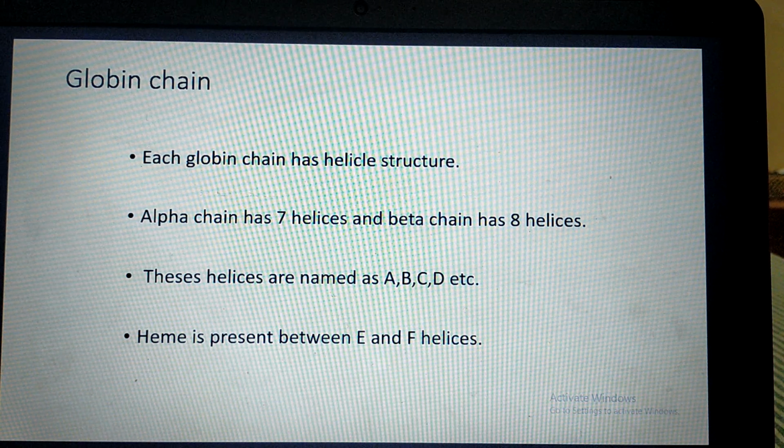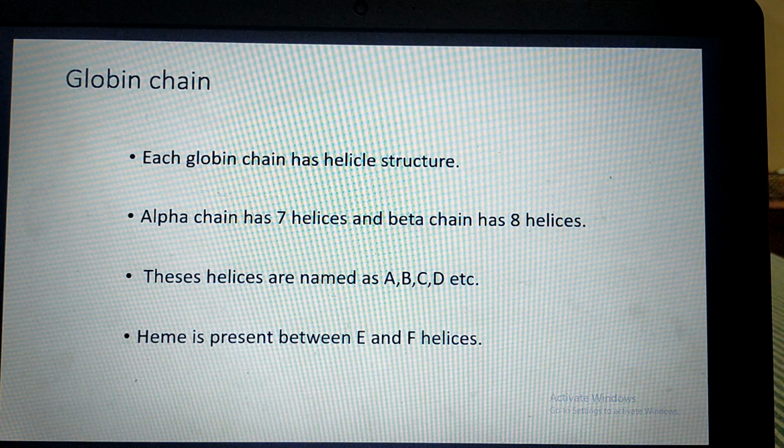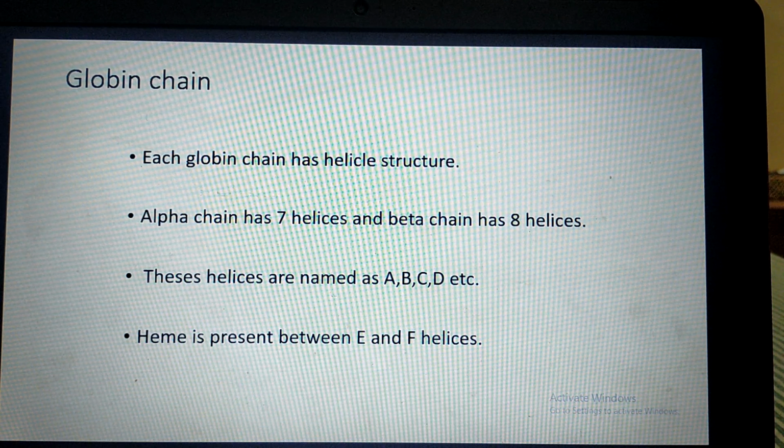This heme is protected by the globin from the aqueous environment which is present outside. Heme is a hydrophobic compound, so it should be protected from the aqueous environment. So heme gets incorporated into the helices of the globin chain, and then the globin chain protects the heme from the aqueous environment.